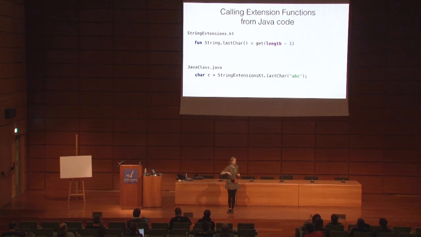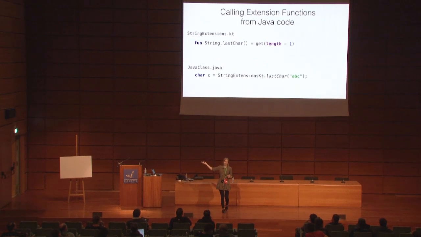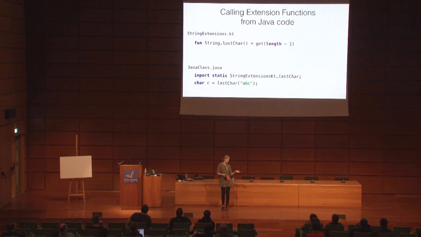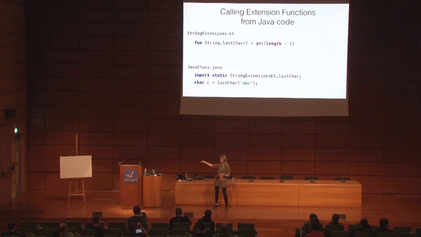Actually, under the hood, this extension function is compiled to a regular static function in Java that takes the receiver as a first parameter. That's it. No mystery here. Very clear. And from Java, you use it as a regular static function, providing the receiver as the first argument. And again, in Java, you can use static import and make your code look easier.